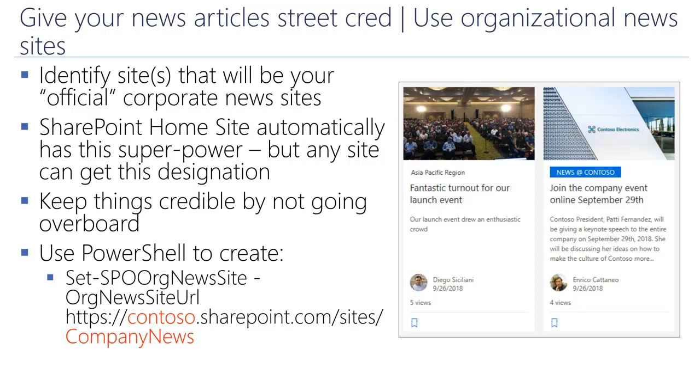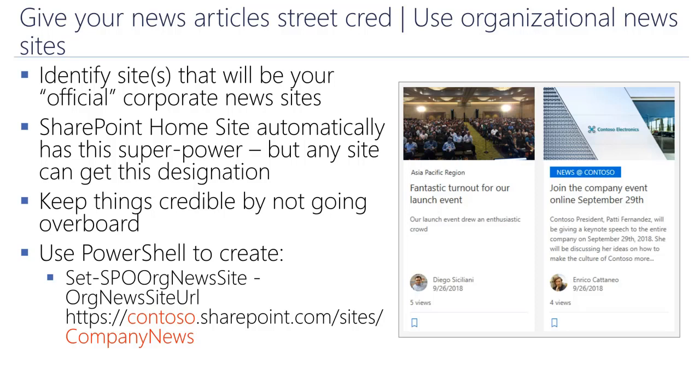And you can see Asia Pacific region is from a site called Asia Pacific region. That is not an organizational news site. News at Contoso gets that little banner. The banner shows up anywhere that news article is pulled in, in any roll up. It shows up on the SharePoint start page. It shows up in the mobile app, and the color it takes on is based on the theme of the site that you are on.